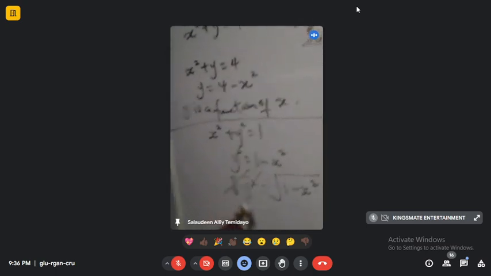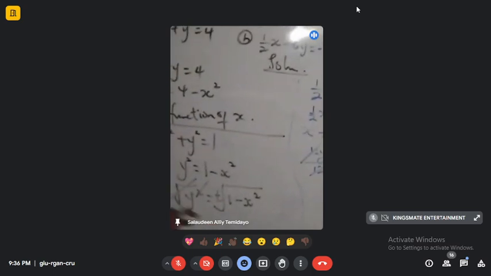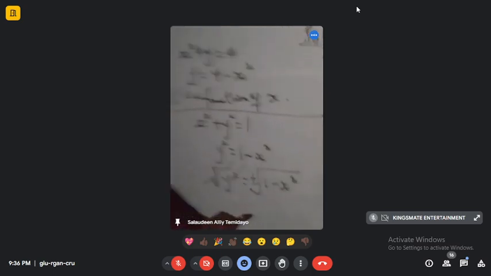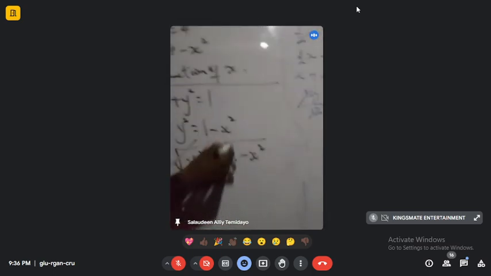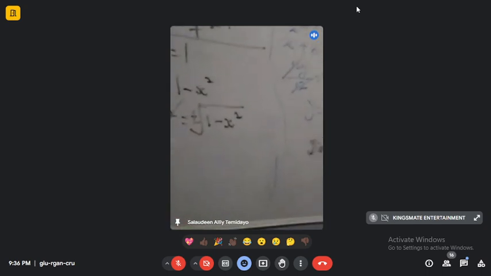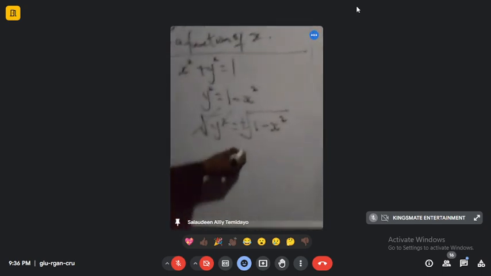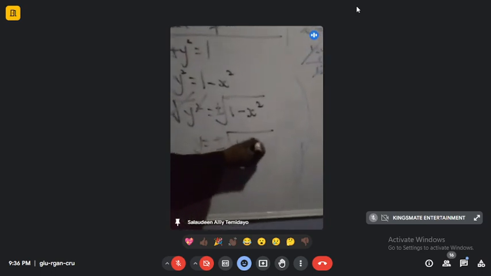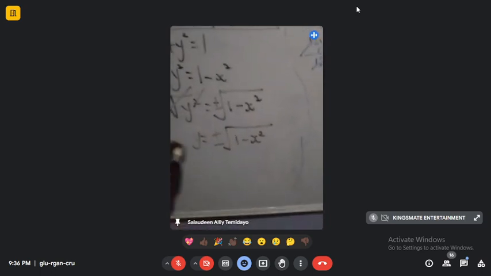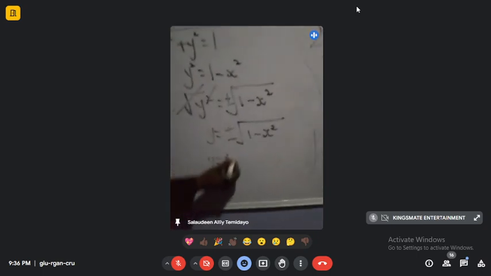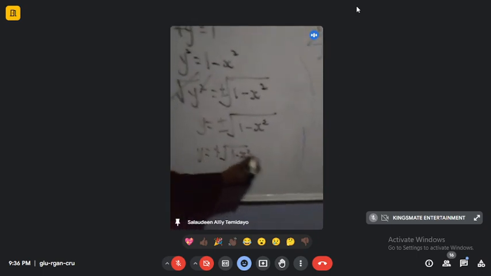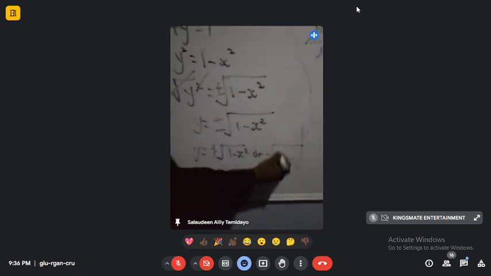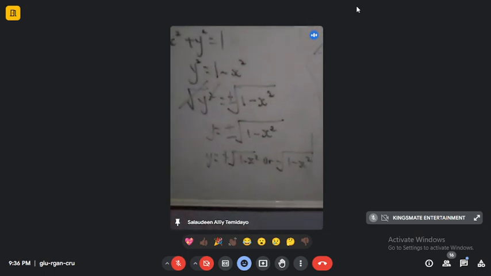Just know that the square cancels this. Plus or minus must be put before the square root. The surd must be preceded by a plus or minus. So y equals plus or minus the square root of 1 minus x squared. That means y is equal to plus the square root of 1 minus x squared or minus the square root of 1 minus x squared.